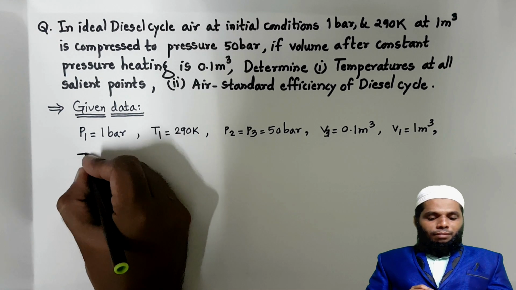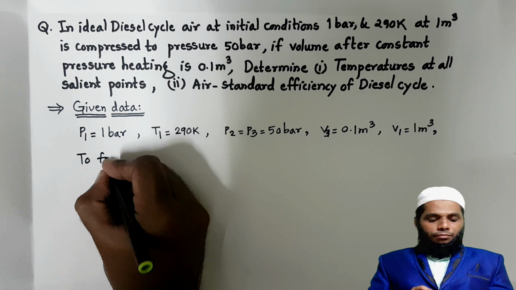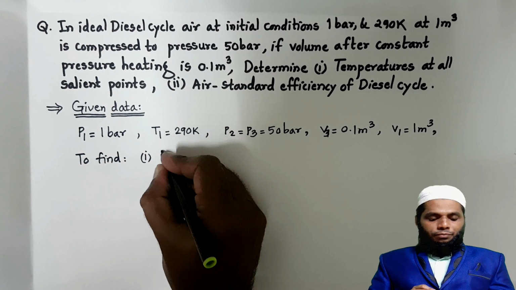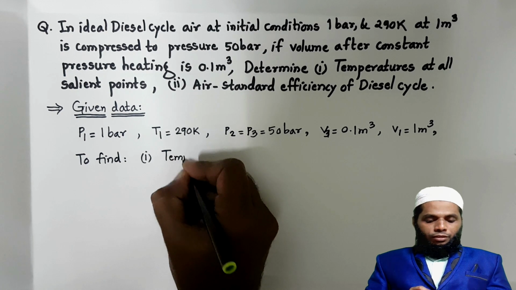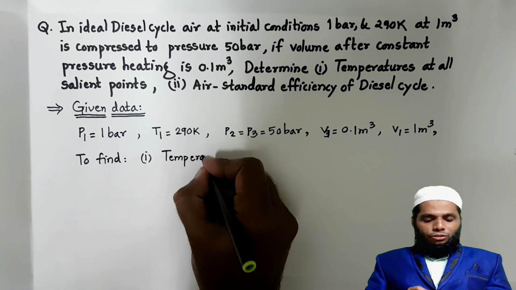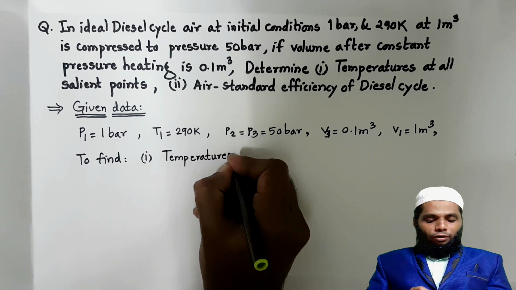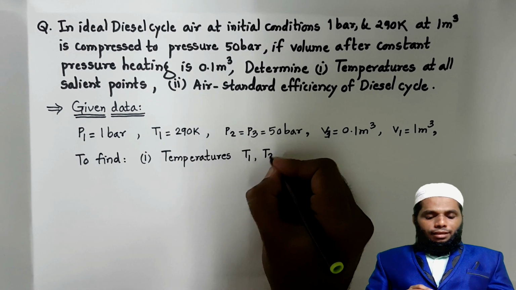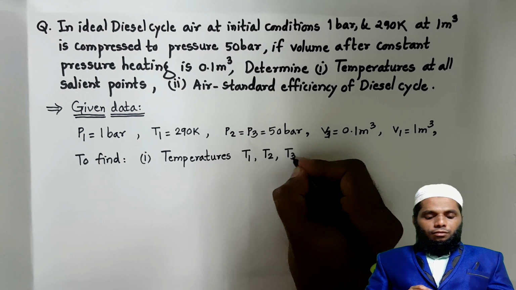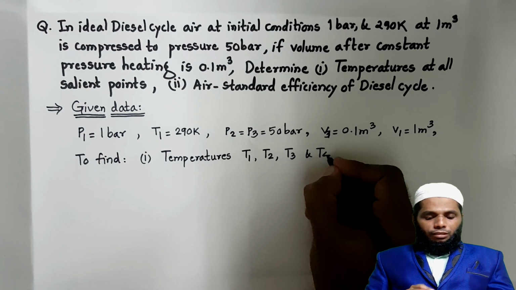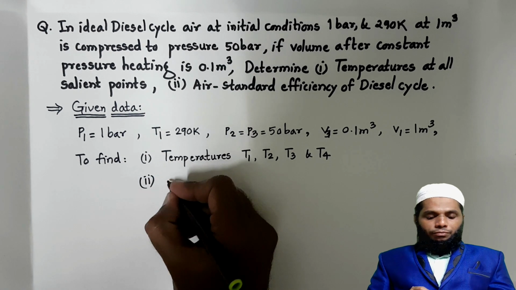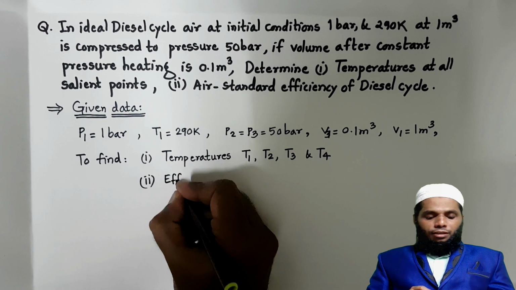So to determine the parameters that are, first one temperatures at all salient points, means in diesel cycle temperature T1, T2, T3 and T4, these temperatures to be determined.